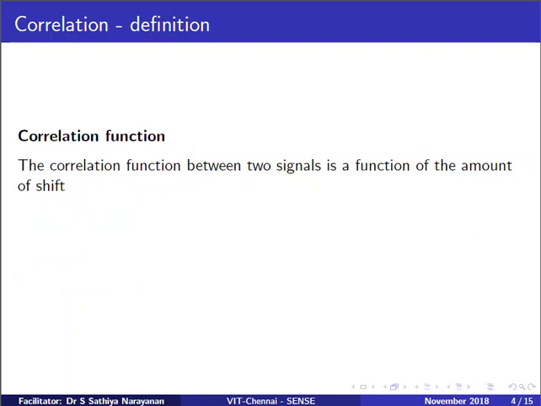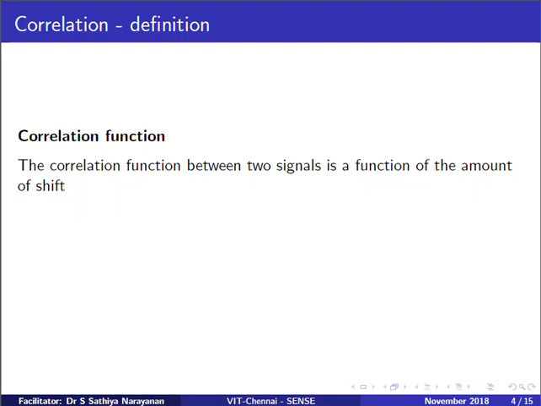First, let us see the definition for correlation or the correlation function. The correlation function between two signals is a function of the amount of shift. We will be in a better shape to understand this definition by the end of this lecture.